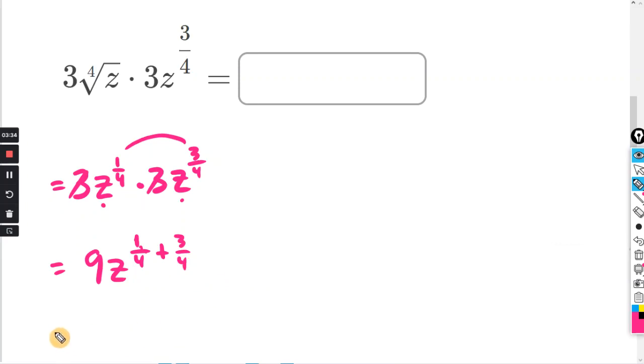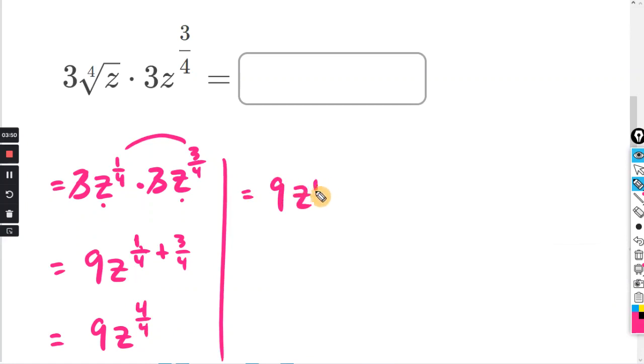So we have 9, we have z, and 1/4 plus 3/4 gives us 4/4. And of course, 4/4 is just 1. So that's going to be 9z to the 1.